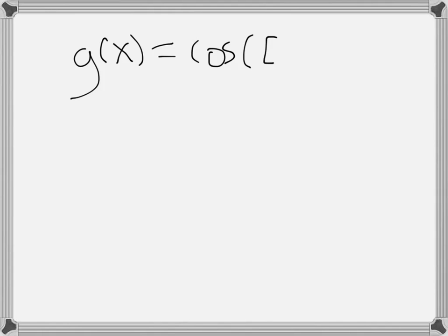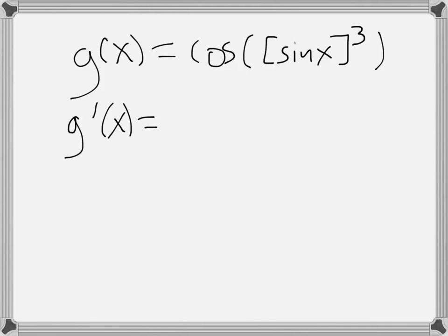Okay, so I need to write down this function g of x, and this was the thing inside the fourth power to begin with. And this is just cosine of the cube of sine x. So now I need to take this derivative. Well, the outermost function now is cosine, and its derivative is minus sine.